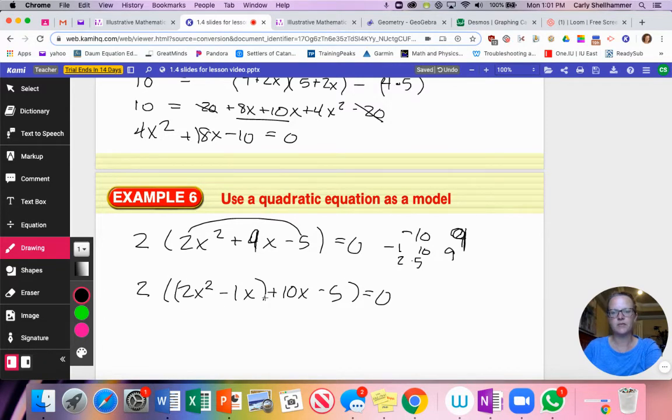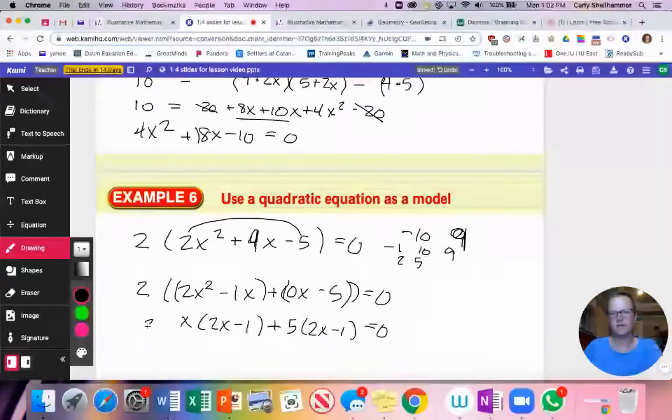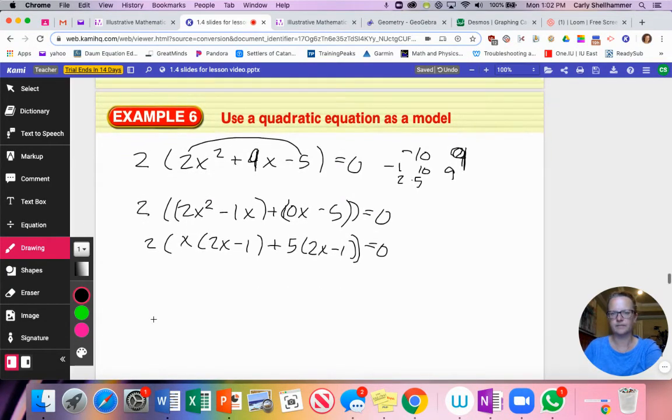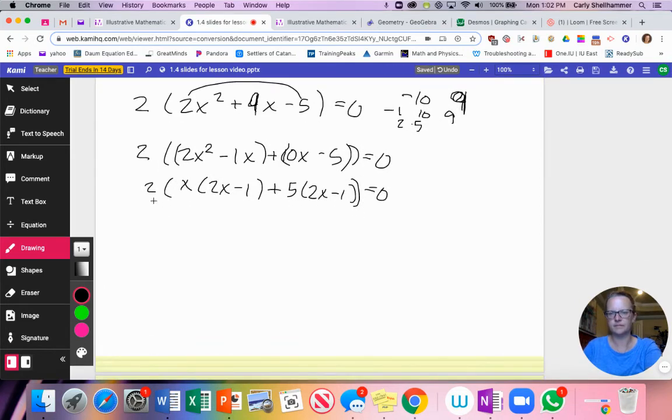Okay, factor by grouping. x, 2x minus 1, 5, 2x minus 1, and there's still that 2 out there. So that 2x minus 1 matches, so factor that out, and I'm left with x plus 5 equals 0.